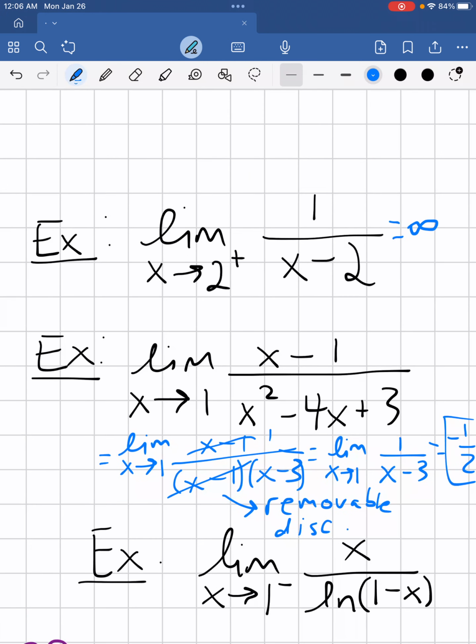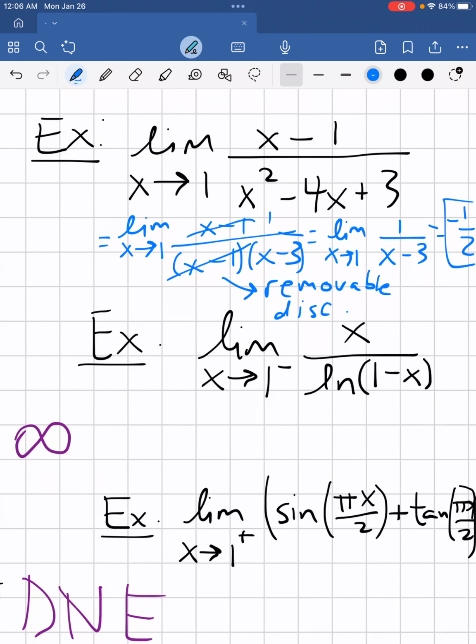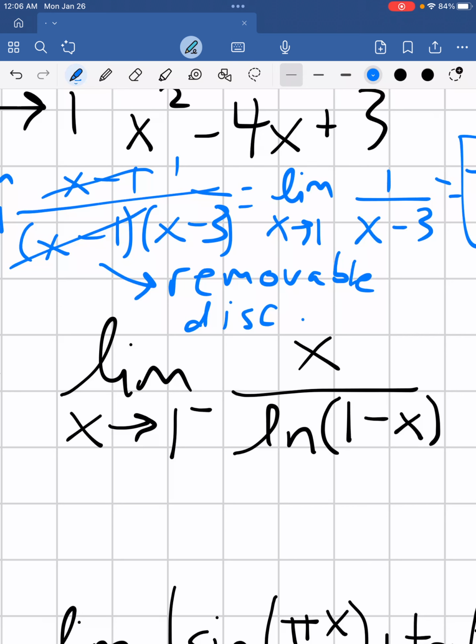All right, and then one that involves a logarithm. So remember what I said about how to think about those other kinds of asymptotes. If I plug in a number that is just slightly less than 1, like 0.9 or 0.99, 1 minus 0.9 gives me 0.1. 1 minus 0.99 gives me 0.01, etc., etc. So I notice that the inside of my logarithm is getting closer to 0.